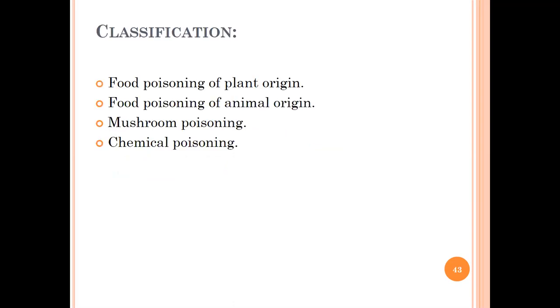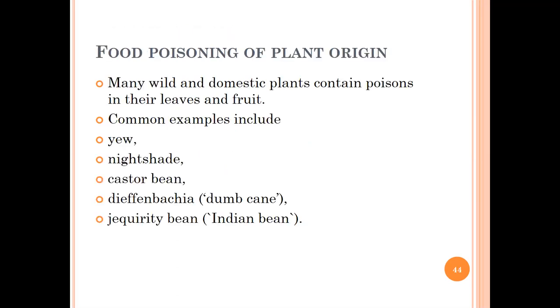What about non-bacterial food poisoning? You should know that there are 4 types of non-bacterial food poisoning: plant origin, animal origin, mushroom poisoning, and chemical poisoning. Let's consider them. First of all, there is a lot of food poisoning of plant origin.